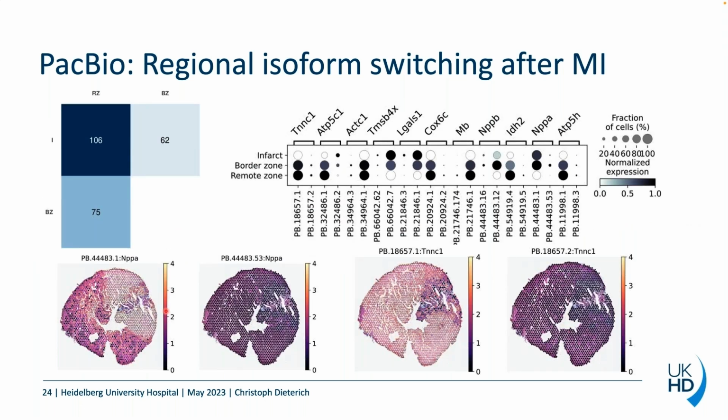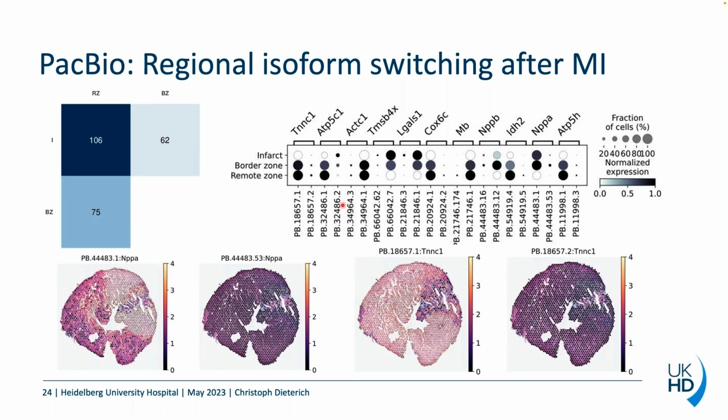Now we were wondering whether we see characteristic isoform switching after myocardial infarction, and we could identify in total 117 of these events, and they fall into different classes. If you compare the infarcted zone to the remote zone, you see that there's a different transcriptome usage, using different isoforms.